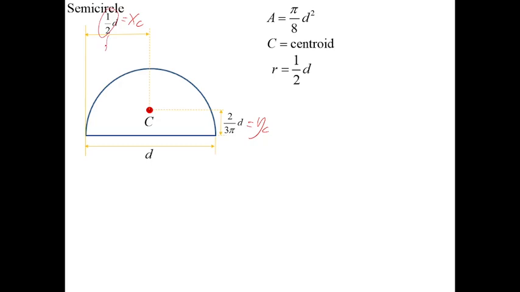So, ito ay radius. At yung pagkuha ng moment of inertia niyan, okay, about the x-axis is 0.1098 r to the fourth power. So, yan ang kanyang moment of inertia about the x-axis. Okay?